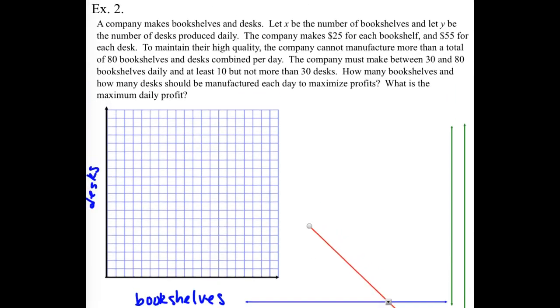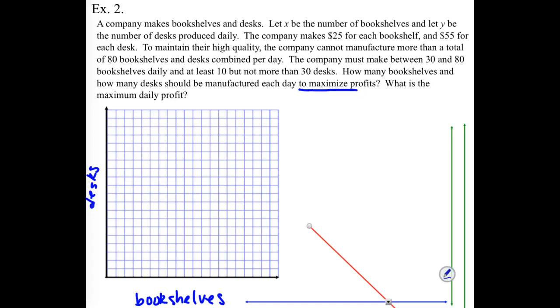It says the company makes $25 for every bookshelf and $55 for every desk. To maintain their high quality, the company cannot manufacture more than a total of 80 bookshelves and desks per day. The company must make between 30 and 80 bookshelves daily and at least 10 but not more than 30 desks. How many bookshelves and how many desks should be manufactured each day to maximize profits? And what is the maximum daily profit?